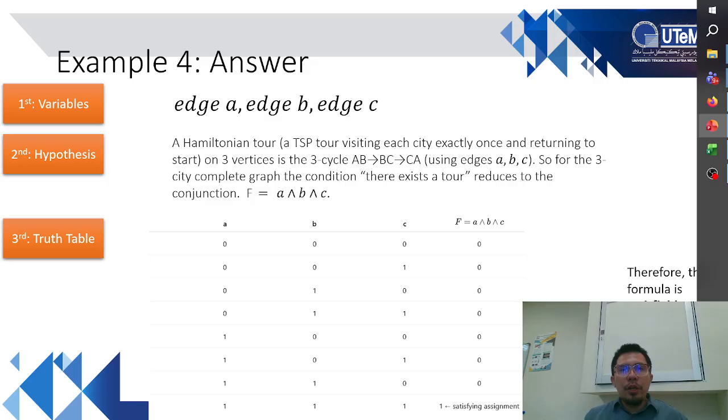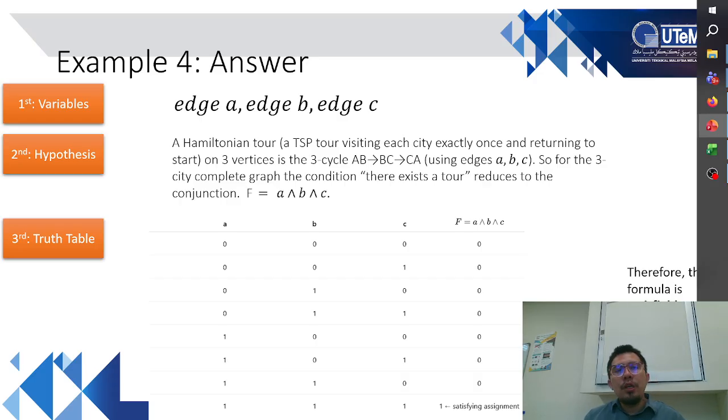So you see the word I'm using is AND. Since I'm using AND, the expression should be F equal to A AND B AND C. Okay, understand. So this is the hypothesis for this kind of problem.